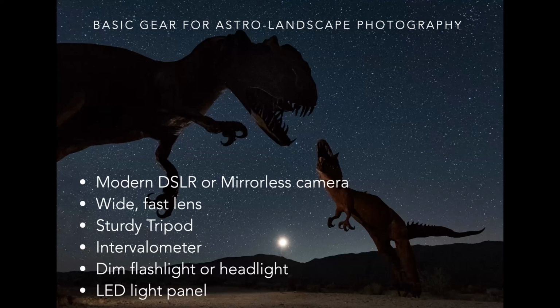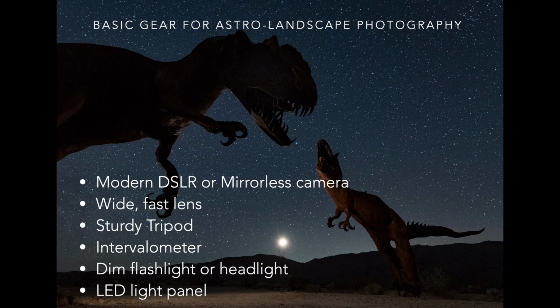All right, let's talk about gear. This is a big question we always get, and it's an important one to ask because you want to make sure that you're using the right photography equipment to be able to capture night photos well. So first of all, you want to use a DSLR or a mirrorless camera. And if you're using a DSLR, you want to use a newer one.